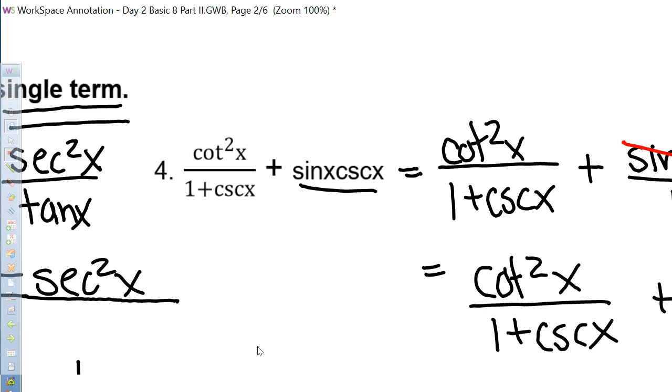Now, in order to add those, I need to have a common denominator. So if this is actually a 1 over 1, what would the common denominator have to be? Multiplying these two denominators, what do I get? 1 plus cosecant x. And both denominators have to be 1 plus cosecant x.